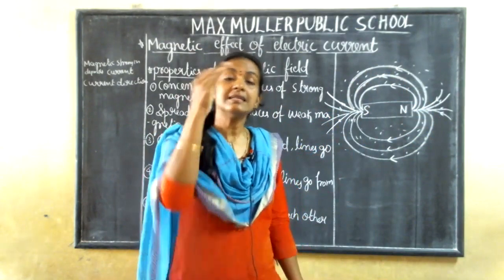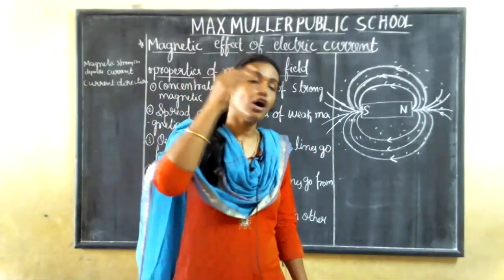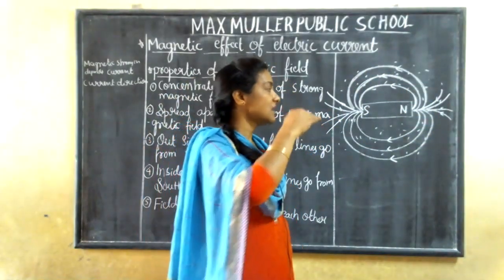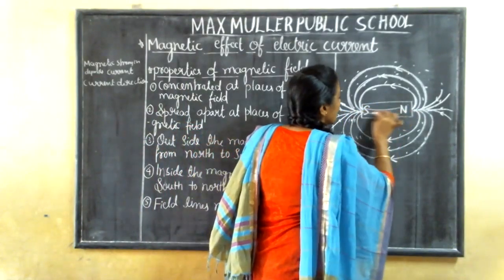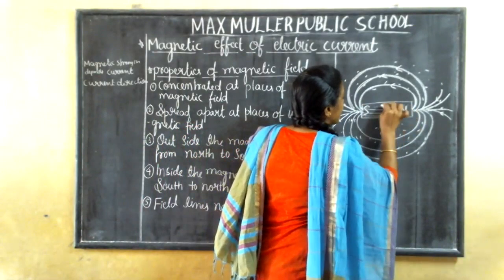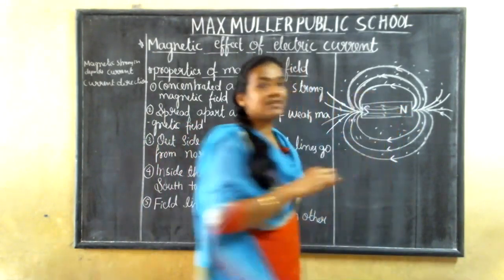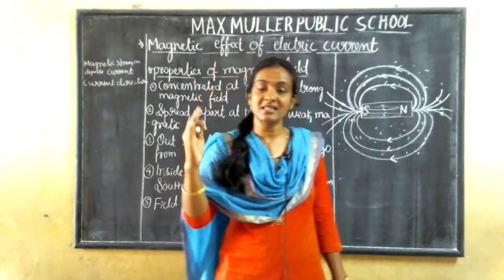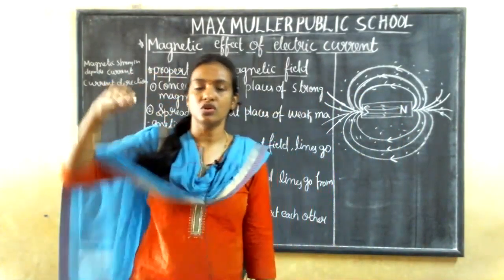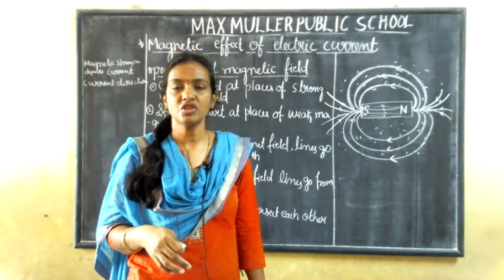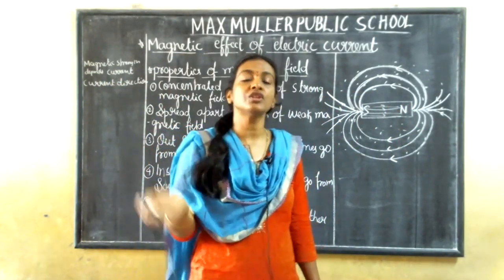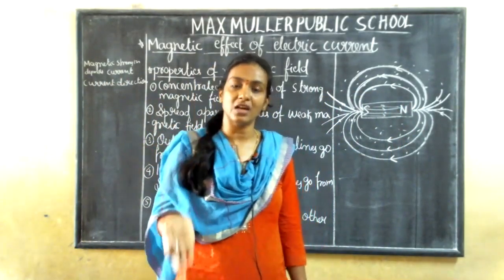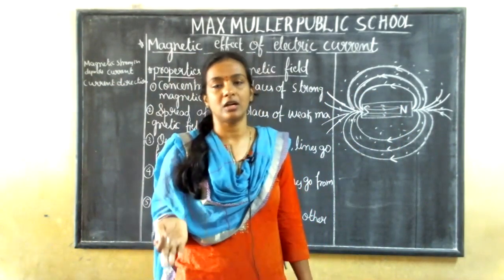Second one, inside the magnet, all the magnetic lines are going from south to north. Understood? You will get a question like what happens when the magnetic lines are outside the magnet, whether they go north to south or south to north.